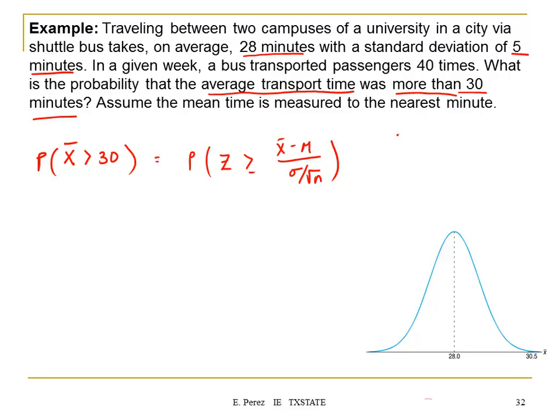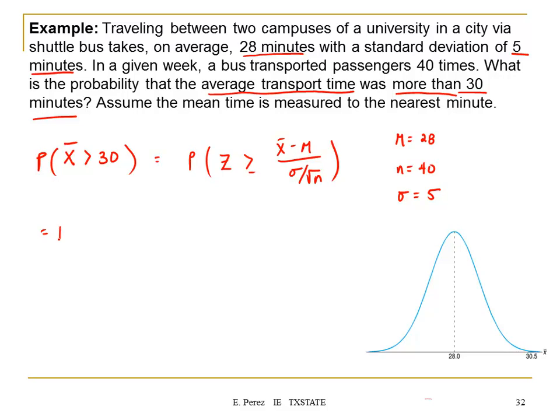And we know the value of mu is 28 minutes. We know the value of n is 40. And we know sigma is 5.